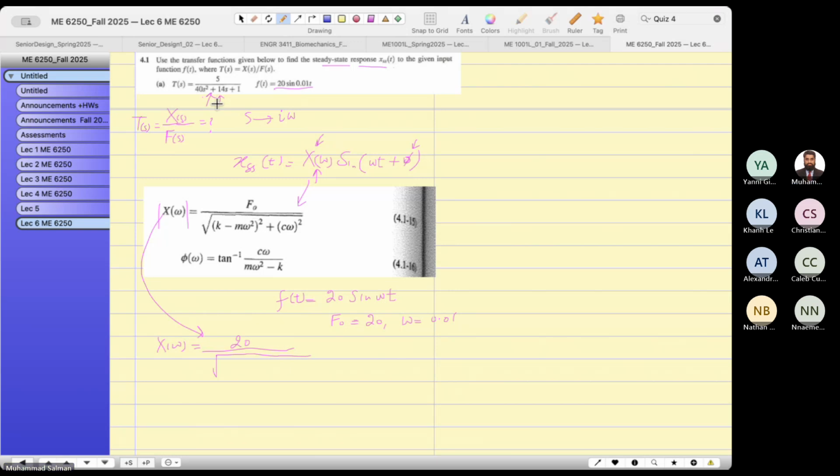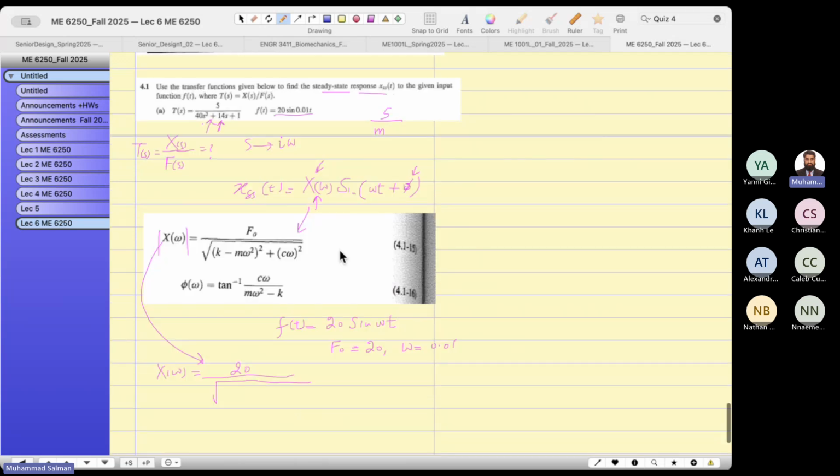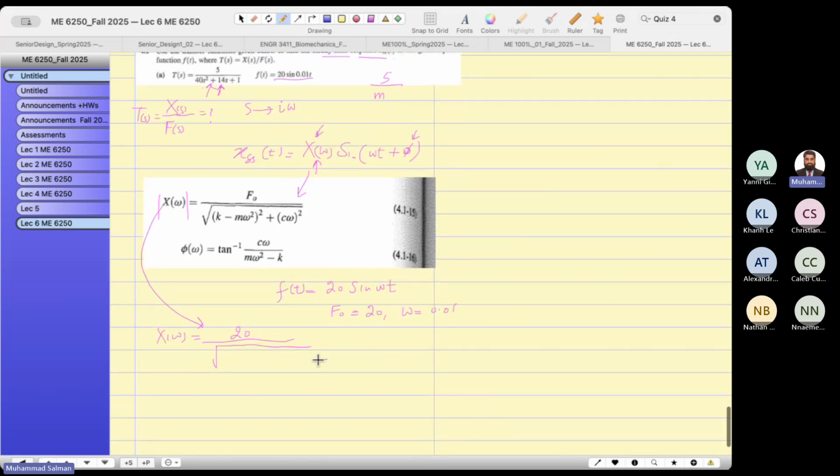This is in the form of omega square. I'm sorry, you have to replace S by i omega. So I have to do a little bit of rearrangement here. Let's change this transfer function to the frequency domain.